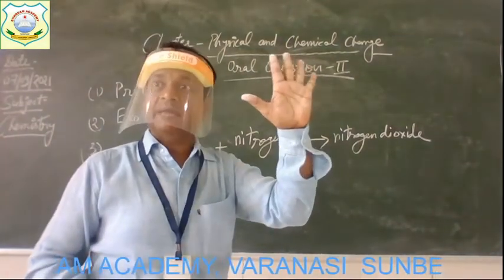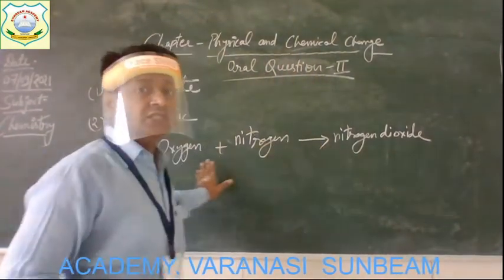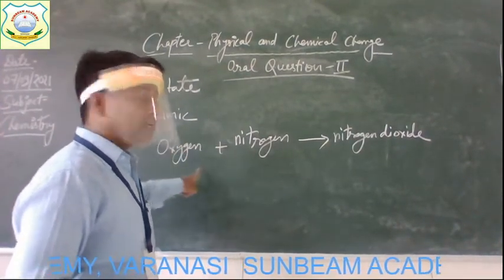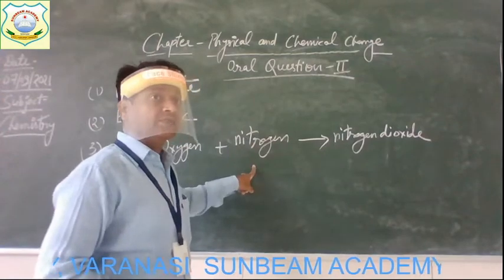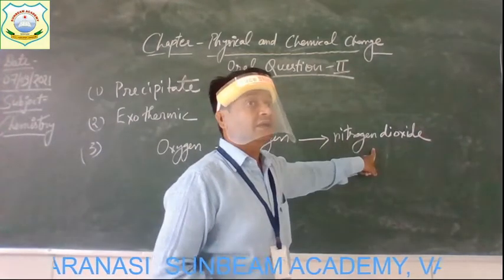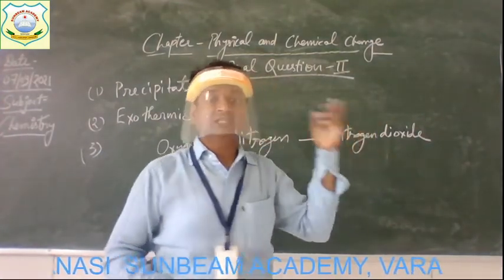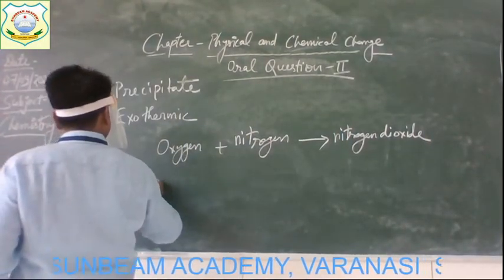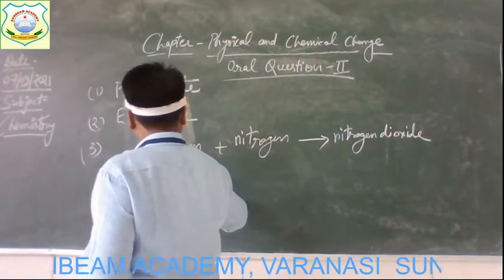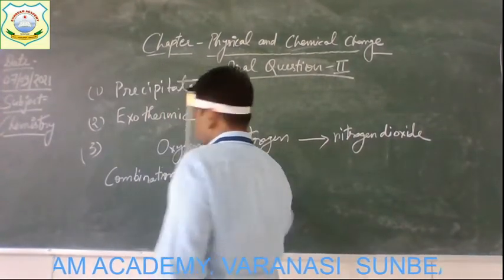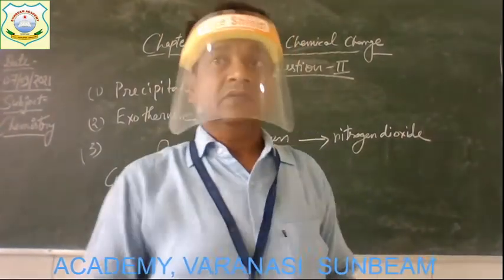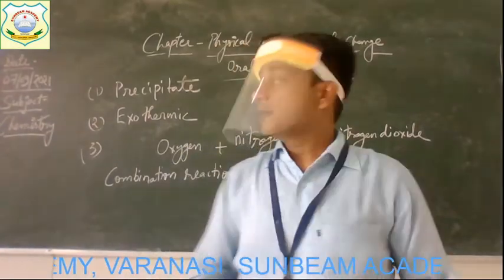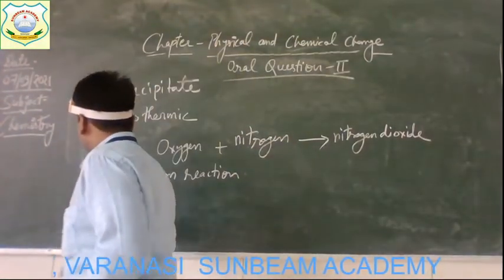We have discussed 5 types of chemical reaction. Reactant A and reactant B, they both are going to combine to form a product. So this is the combination. Get it? Which type of reaction is this? Combination reaction.